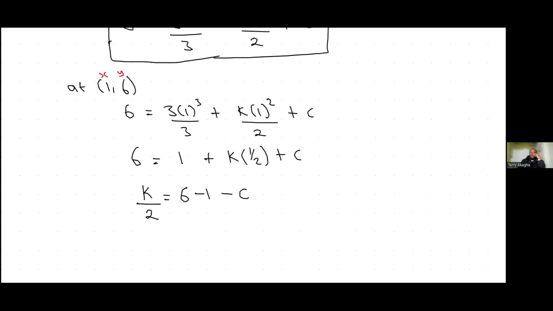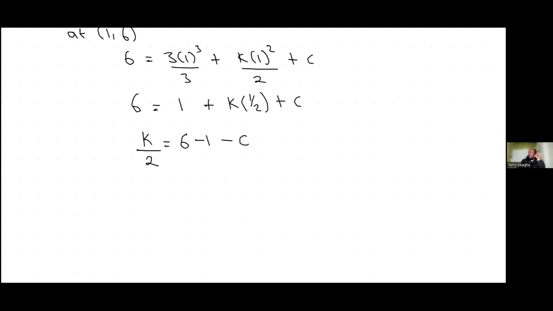Then k divided by 2 will be equal to 5 minus c. Now to get rid of this 2, I'm going to multiply both sides by 2. So that's going to give me k equal to 2 times 5, 10, minus 2c. So this is the first equation I have.